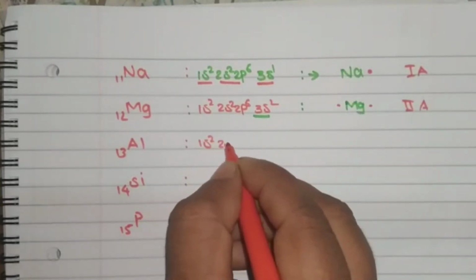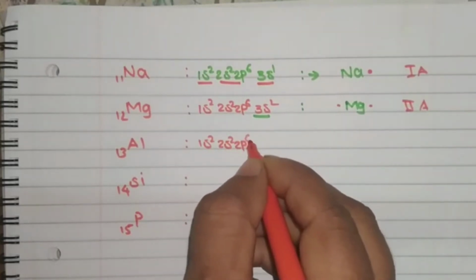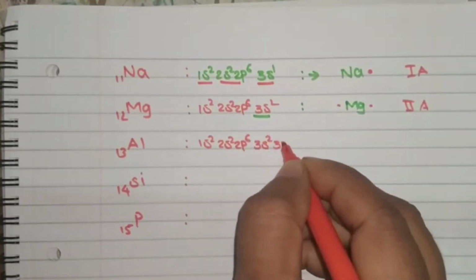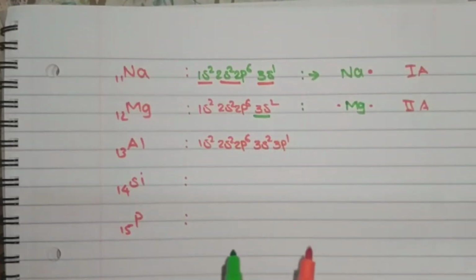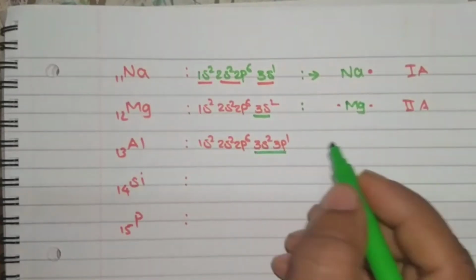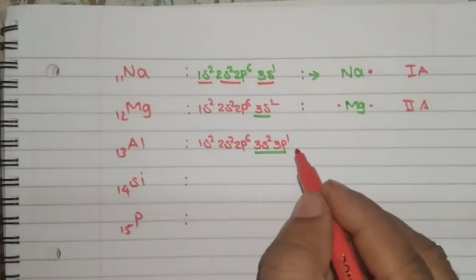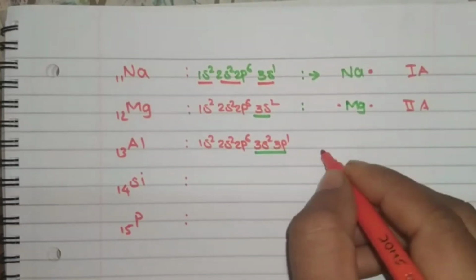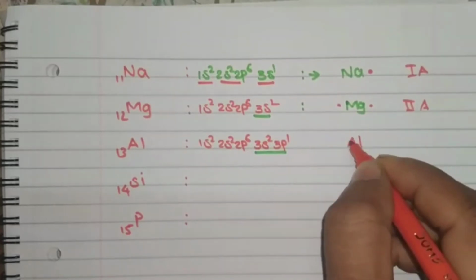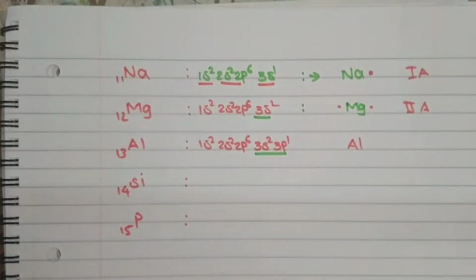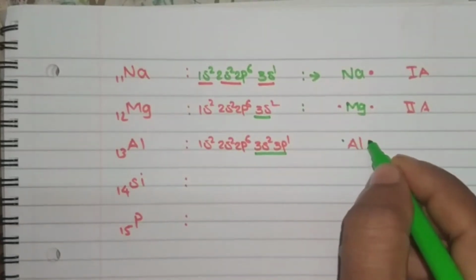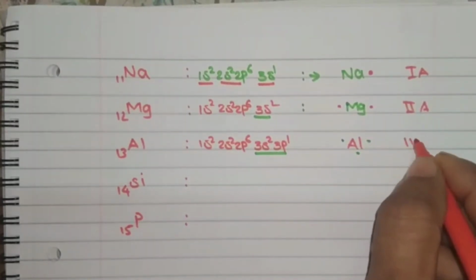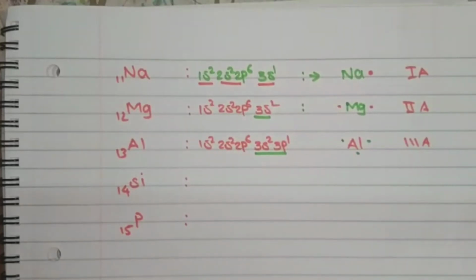Aluminium: 1s2 2s2 2p6 3s2 3p1. 3s2 3p1 is the valence shell. It has 3 dots, 1 2 3, that's why this is a 3A group, right?